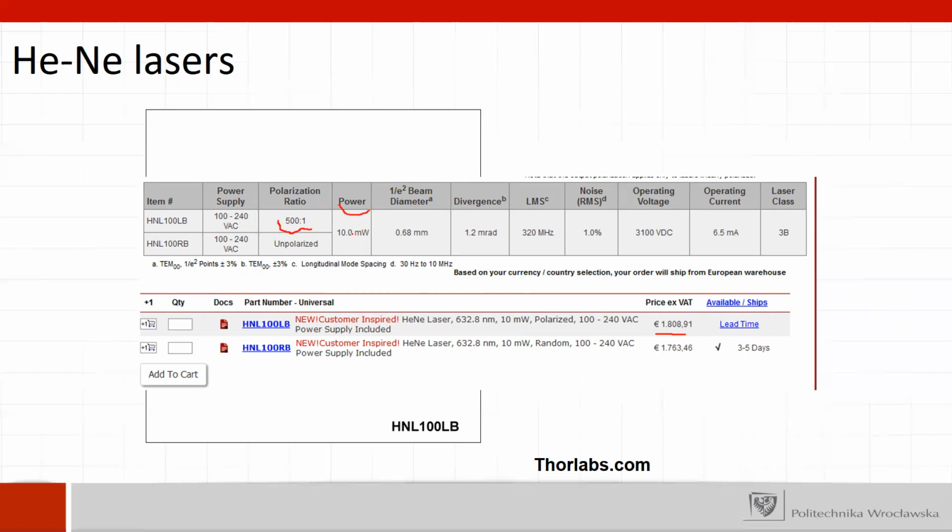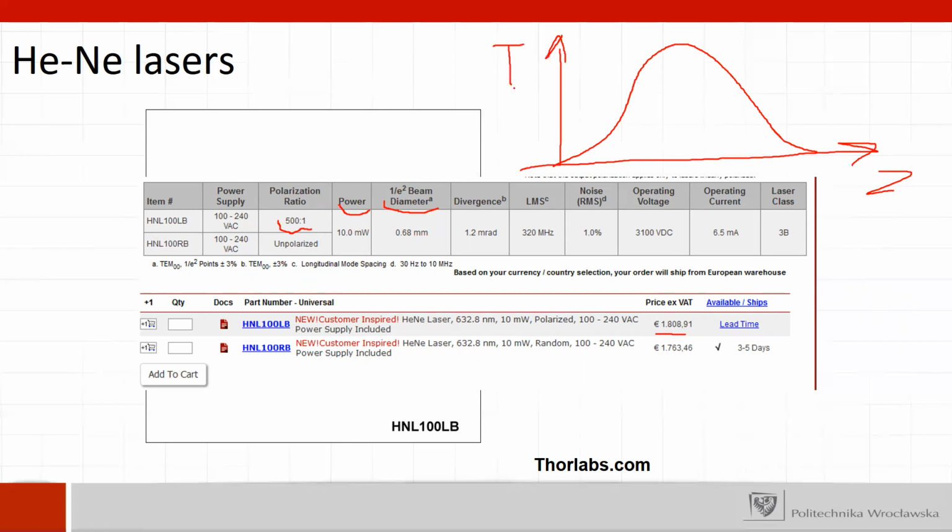The output power, so in this case 10 milliwatts, and the 1 over E squared beam diameter. So this is the diameter measured when we measure the beam profile. This is the intensity of the Gaussian beam versus the cross section, right?